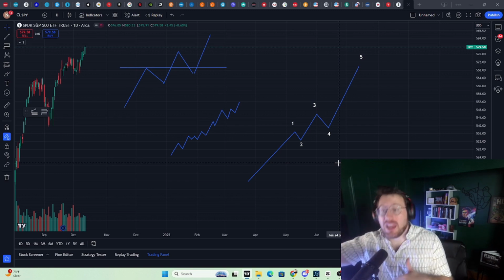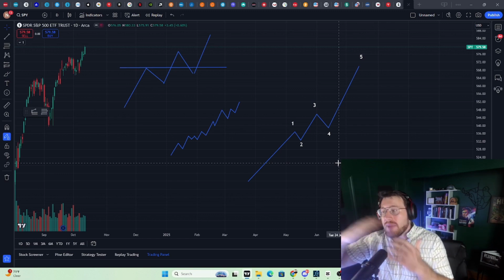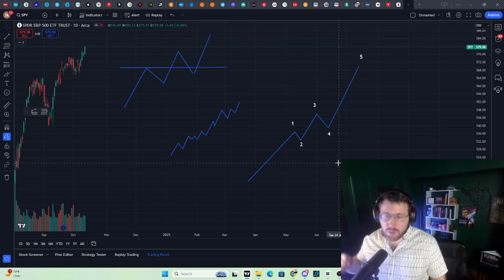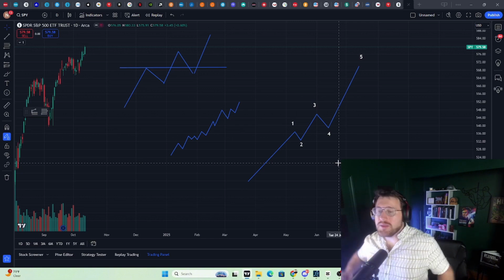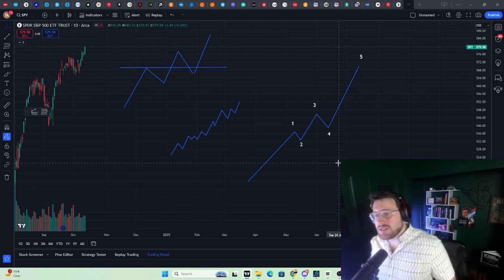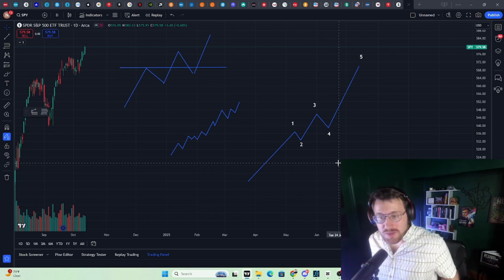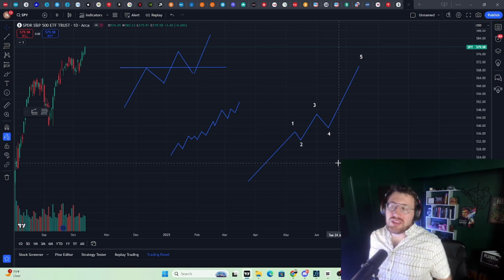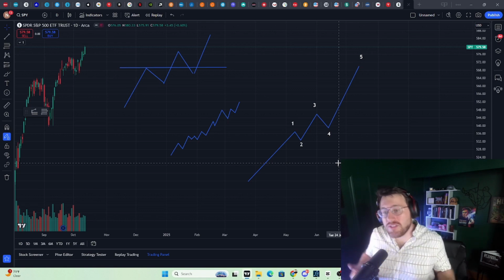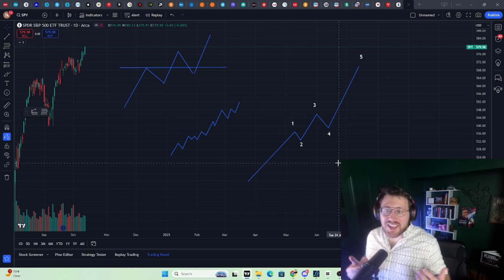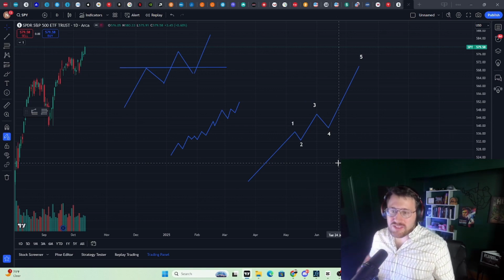A wave 3 within a wave 3 is a massive impulsive move that will be really quick and usually have the biggest movement and lead to some of the biggest trades. That also aligns with the TTM strategy we talked about. The TTM signal often appears when a wave 3 is within a wave 3, which is why it's one of my secret sauces, because it helps simplify the identification of them.